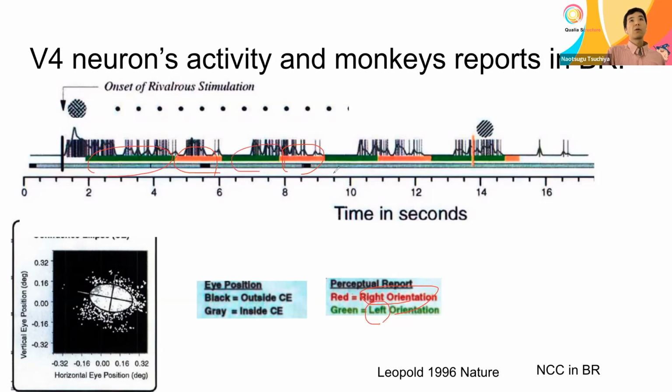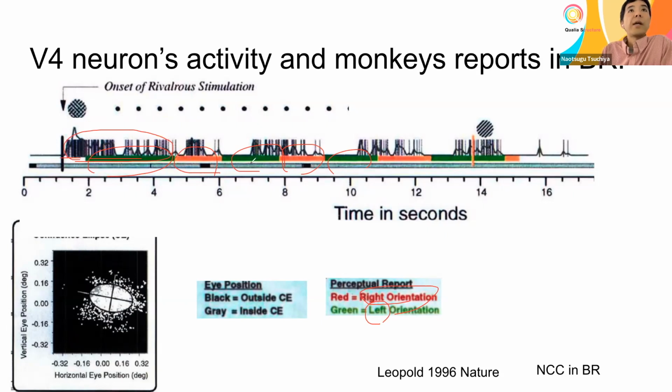In this particular case, one neuron responded initially really hugely, just prior to and also during the perception of this green left orientation.